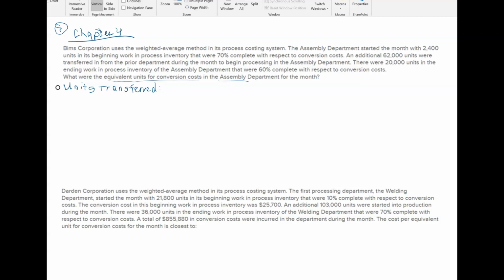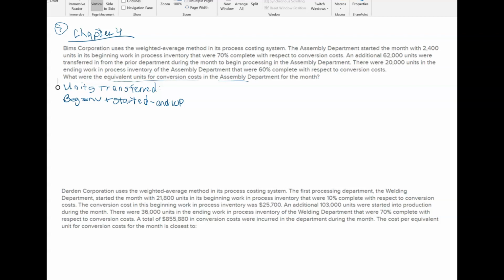Units transferred is beginning inventory plus what was started minus ending work in process or ending inventory.